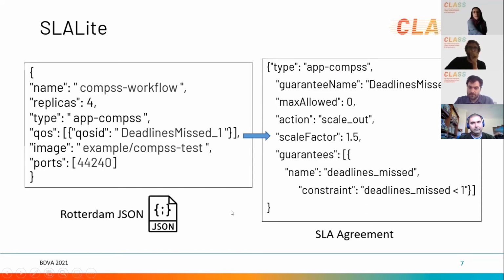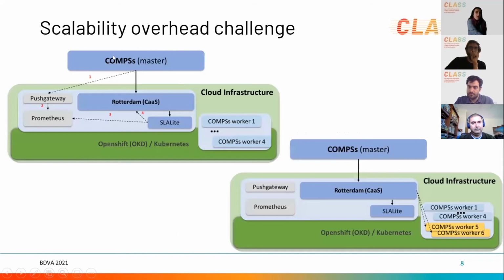So with this information, COMPSs passes this information in the format of a JSON file to Rotterdam. Rotterdam will call the SLA Lite to produce the agreement, and COMPSs is also going to transfer the metric with the information of the deadline, the state of the deadlines, to our Prometheus.